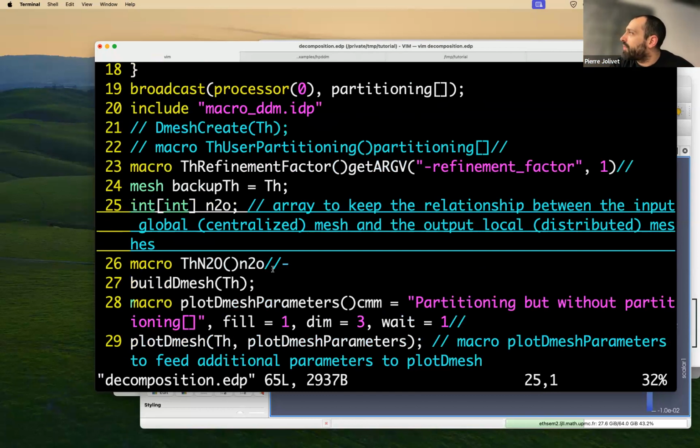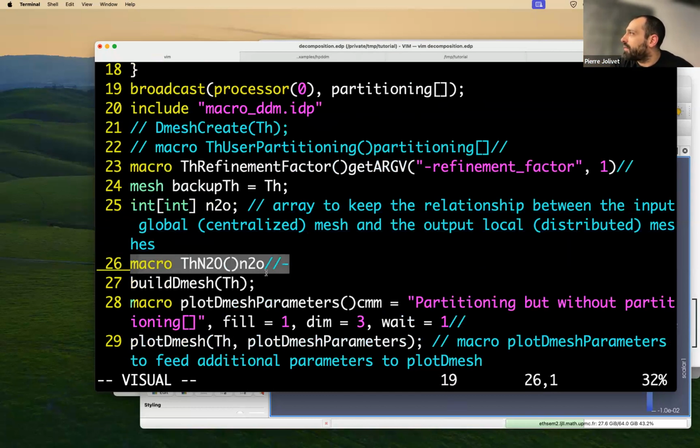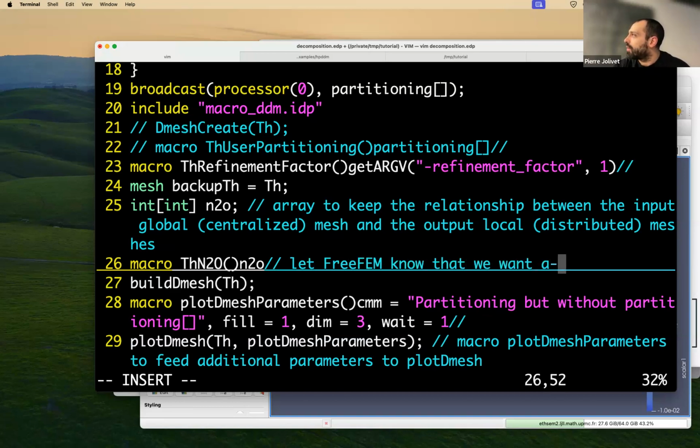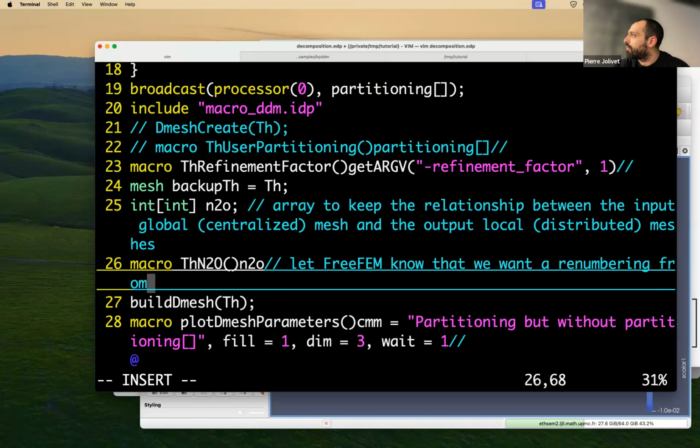Whenever you define this, it means that we want to let FreeFEM know that we want renumbering from the local to the global mesh.